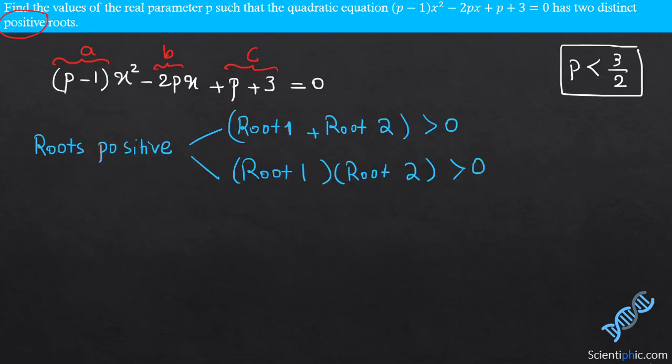Okay, so in a quadratic equation, we know that the sum of the two roots is given by the coefficients. So the sum of the two roots, which involves p plus 3, and here we said that the sum of the two roots should be greater than 0. That means that p has to be greater than -3.